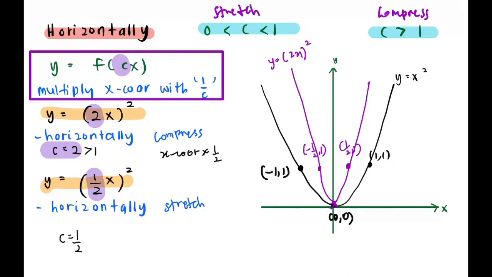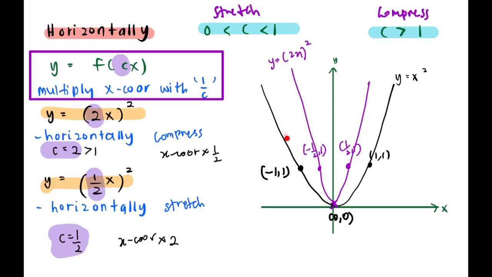What we'll do later on is multiply our x coordinate by 1 over c. So what is 1 over c? 1 over c is equal to 2. This is what we want to do: take our x coordinate and multiply it by 2.